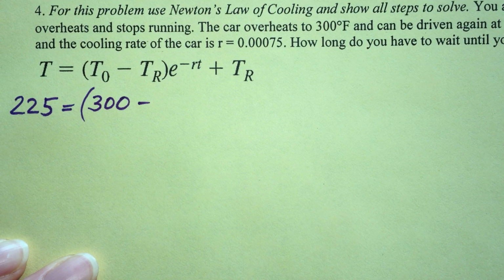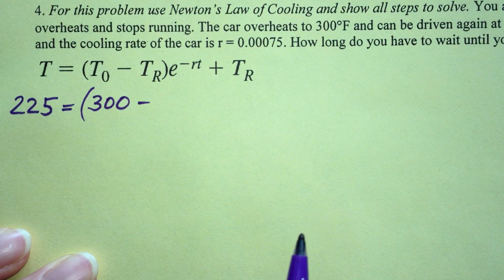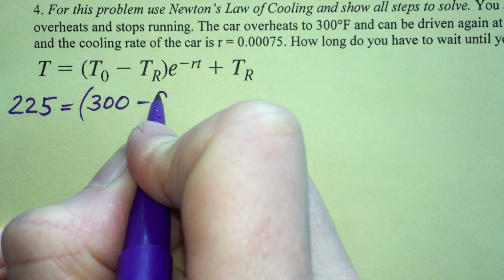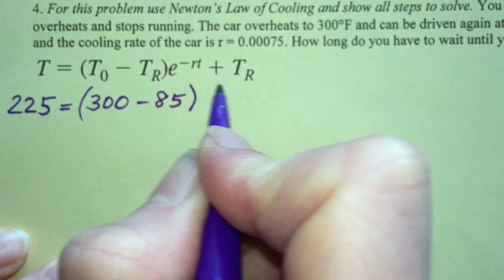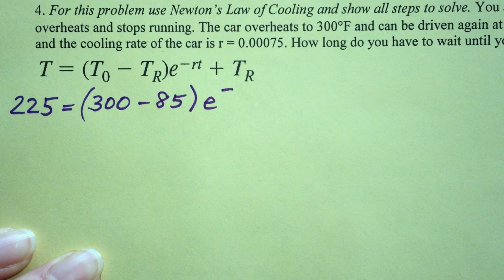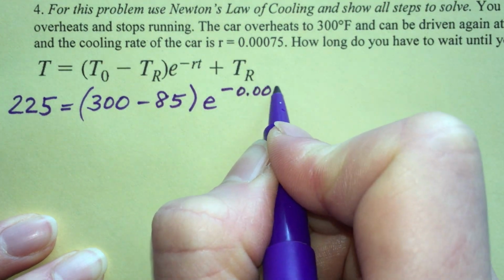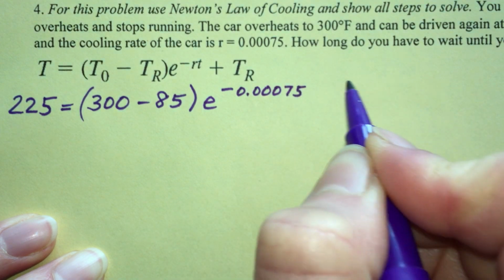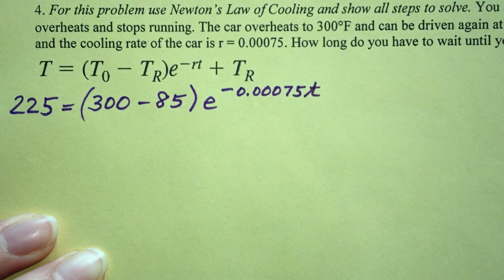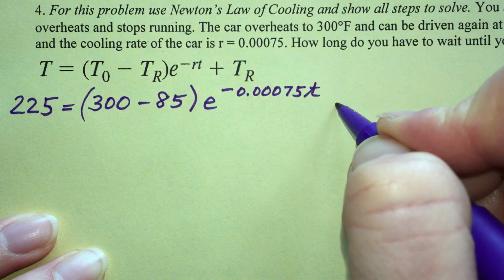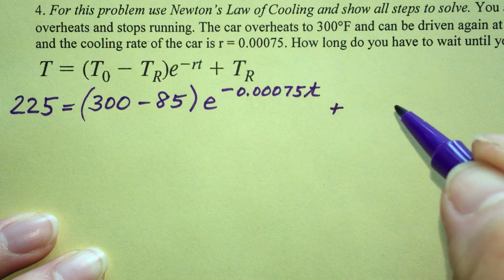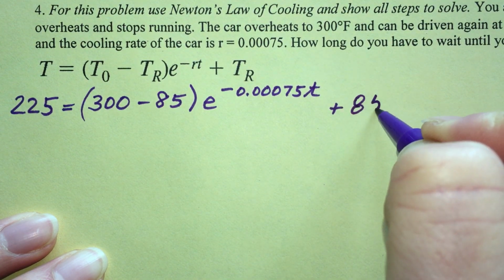T sub R is room temperature, or in this case, outside temperature, and that is 85. Times e to the negative, because this is decay, and the rate was 0.00075 times your t. Again, plus your room temperature, or your outside temperature, which is 85.